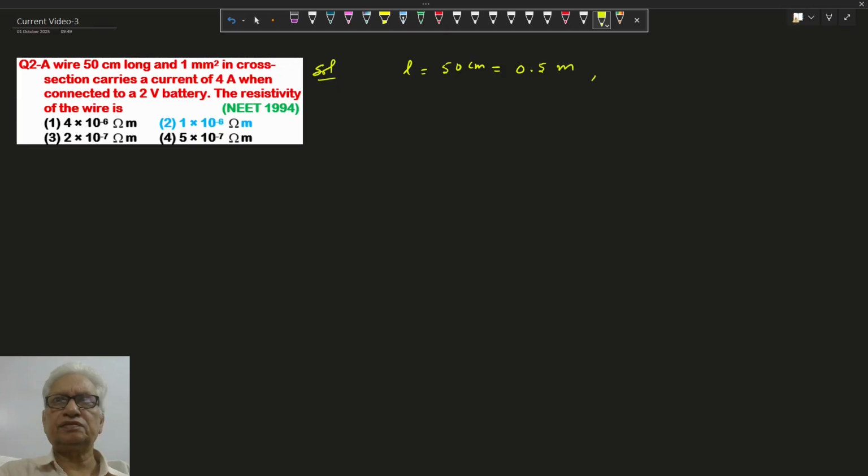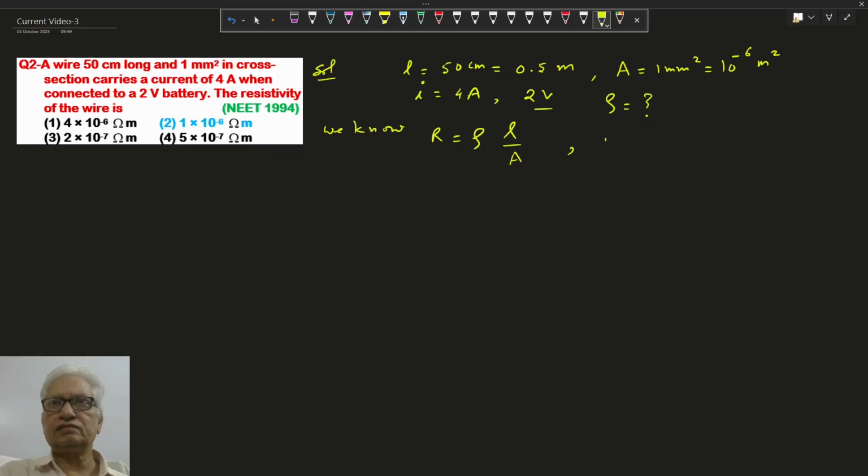Here area is 1 centimeter square, that is 10 power minus 4 meter square. Here current is 1 ampere, with a battery. We have to find out the voltage and current. R will be 2 upon 4.